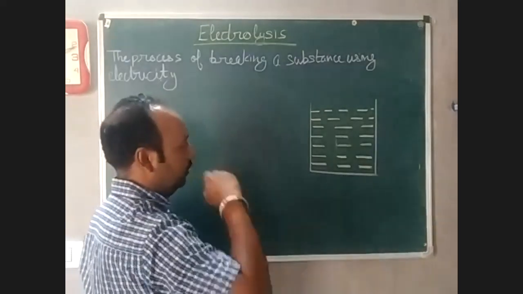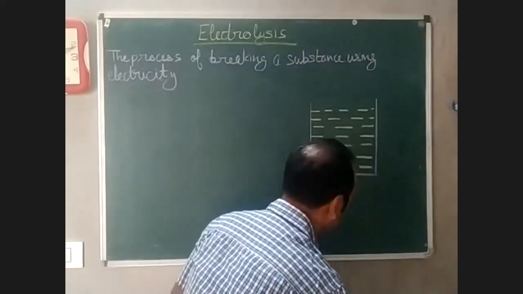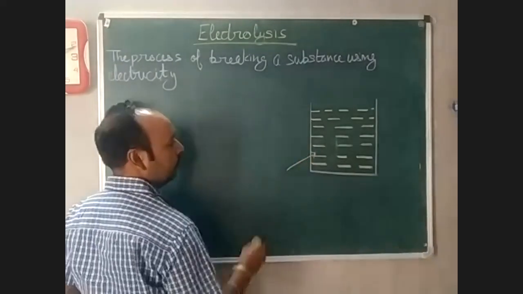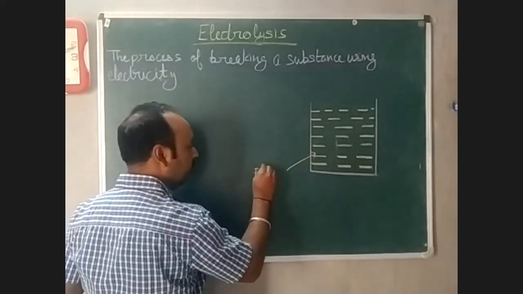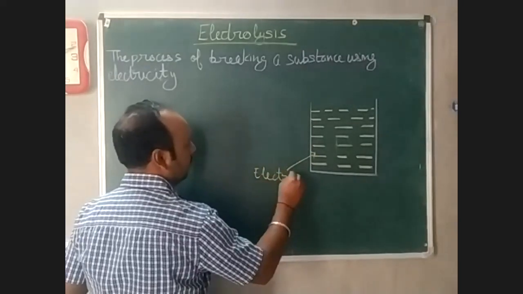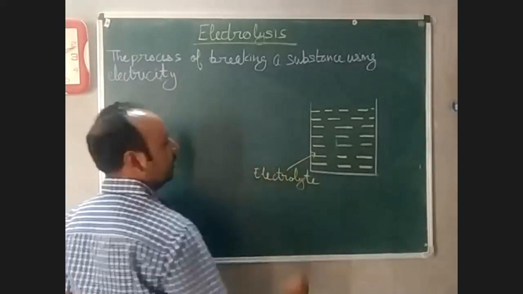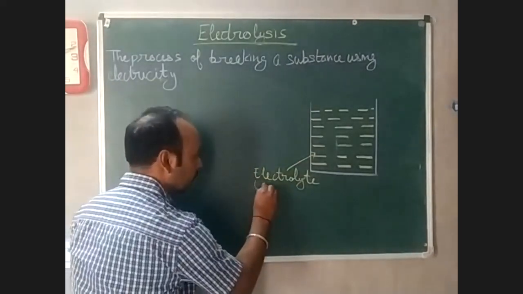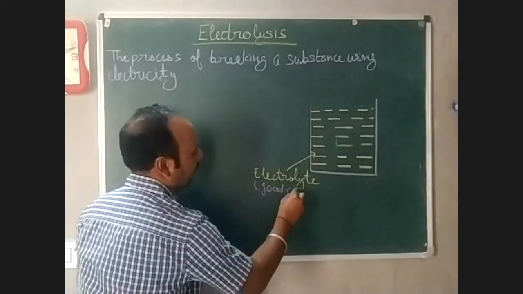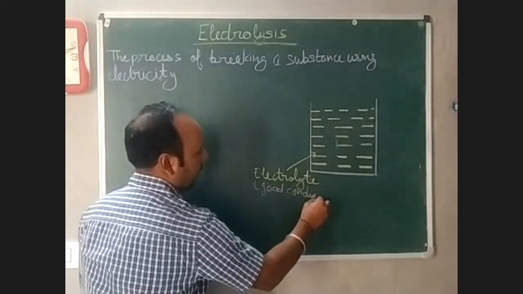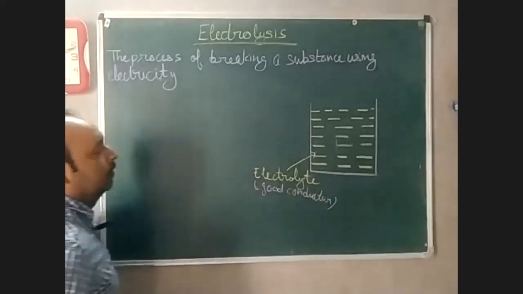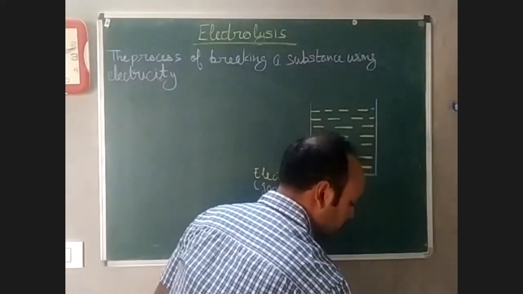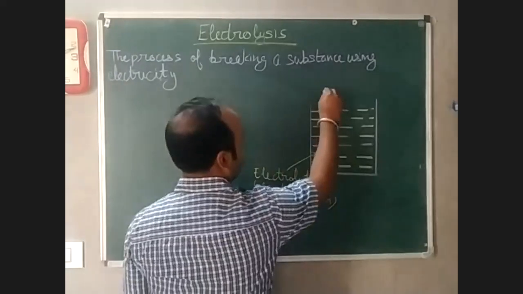Now this solution should be a good conductor. The solution which we are using should be a good conductor, and we call it electrolyte. You can also say electrolytic solution, but it should be a good conductor of electricity. This is the electrolyte. And along with this, we are using two rods.